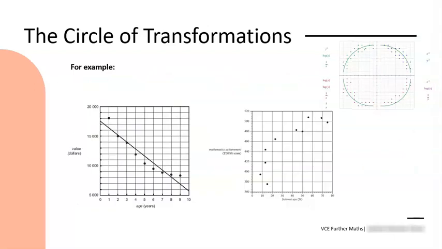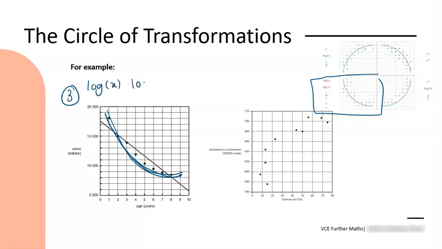Okay, we have 2 further examples here. So our third scatter plot, again, we're looking for the general shape, and we can see we've got that curve, which is a lot like our third quadrant in our diagram. And so we have the option of a log on either the x or the y axis, or a reciprocal transformation on either the x or y axis.